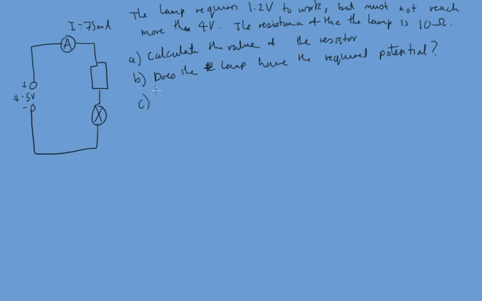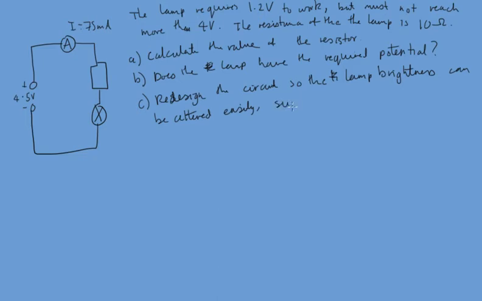And finally, redesign the circuit so the lamp brightness can be altered easily. Suggest values for the components.